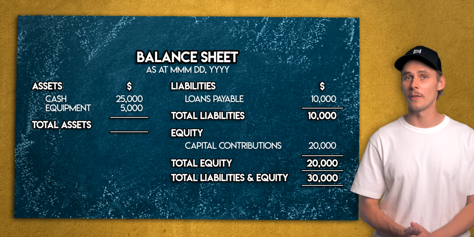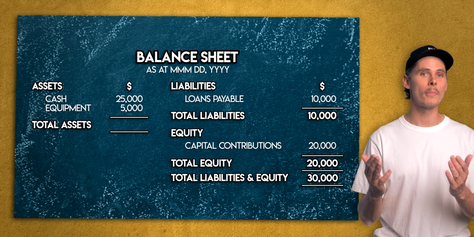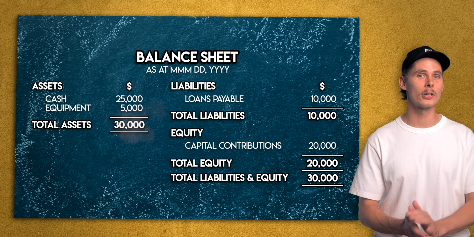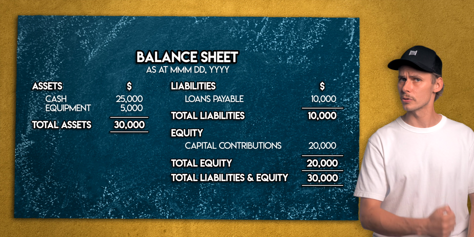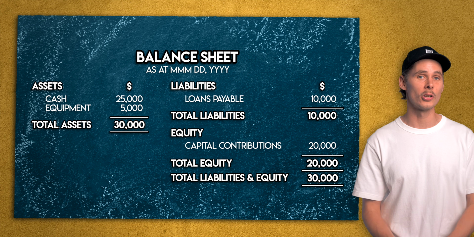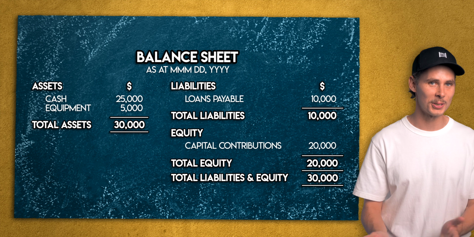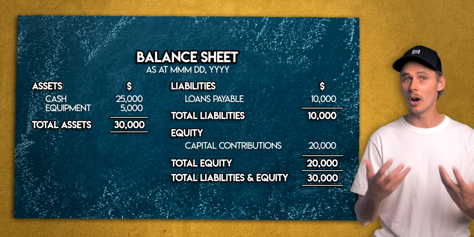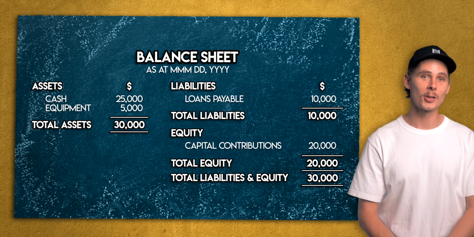Cash goes down by $5,000, equipment goes up by $5,000, total assets stay the same, and the accounting equation still holds. So no matter what happens, assets are always equal to liabilities plus equity. In other words, everything a business owns is funded either by debt or by its owners.